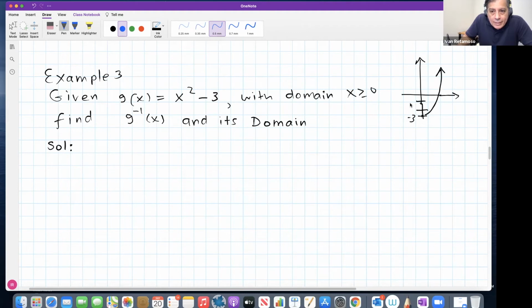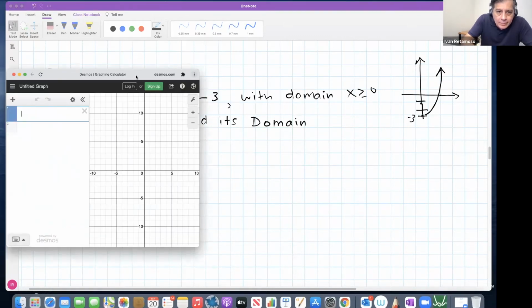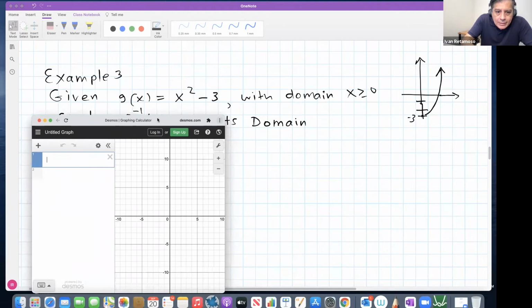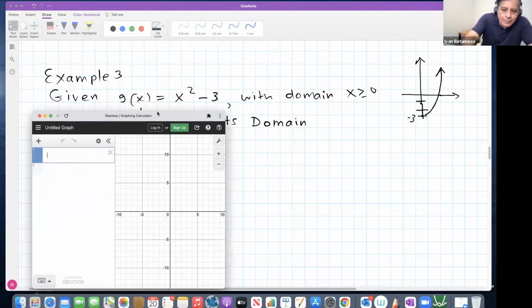Now, if you want to graph it using our Desmos graphing calculator, it's also possible. You just have to type here x squared minus 3, or y equal x squared minus 3, doesn't matter.